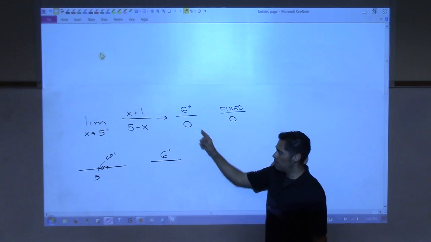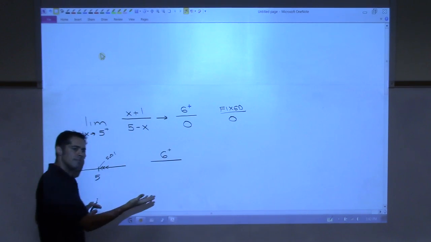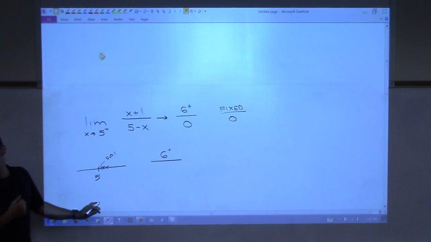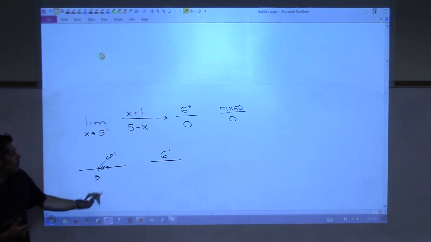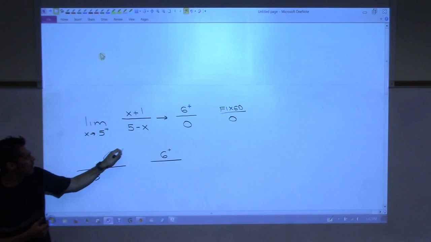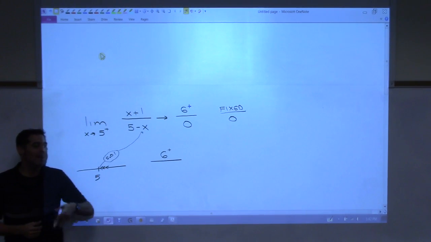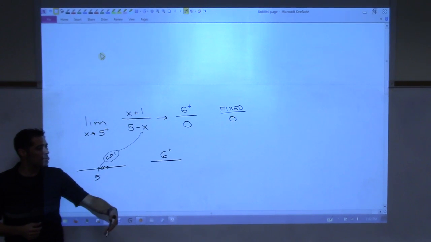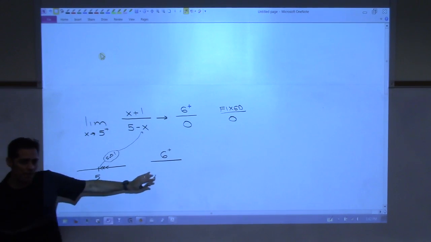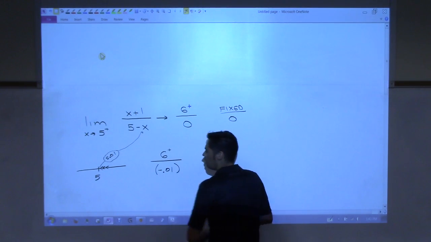But is it going to be a very, very small positive number or a very, very small negative number? Small negative number. How do we get that? Well, just take this number right here and plug it in there for x. What's 5 take away 5.01? Negative 0.01, right? So this bottom piece right here is headed to negative 0.01.